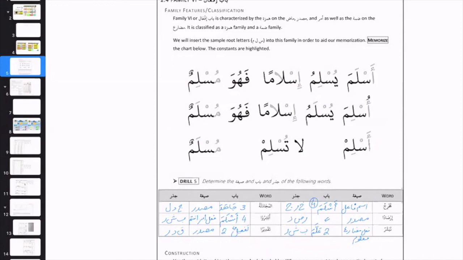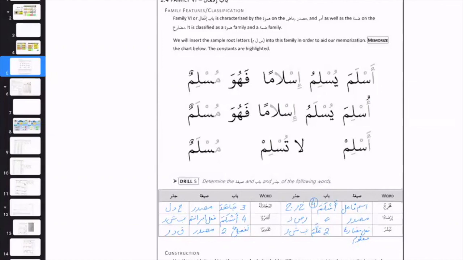Ali, you're going to say it now. You're going to say it loud enough. Muslamun.